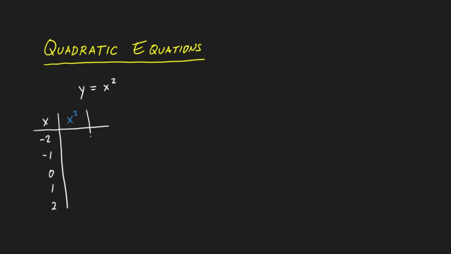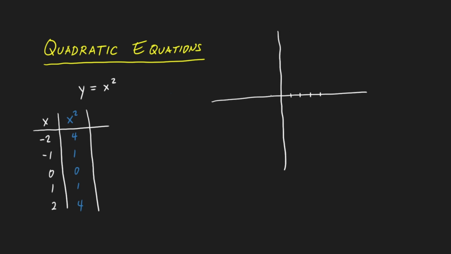For the value of x squared, it's just the square of x. So here we're going to have 4, 1, 0, 1, 4. Correct? Now we're going to graph that. At x equal to -2, x squared is equal to 4, so the point is going to be right here.